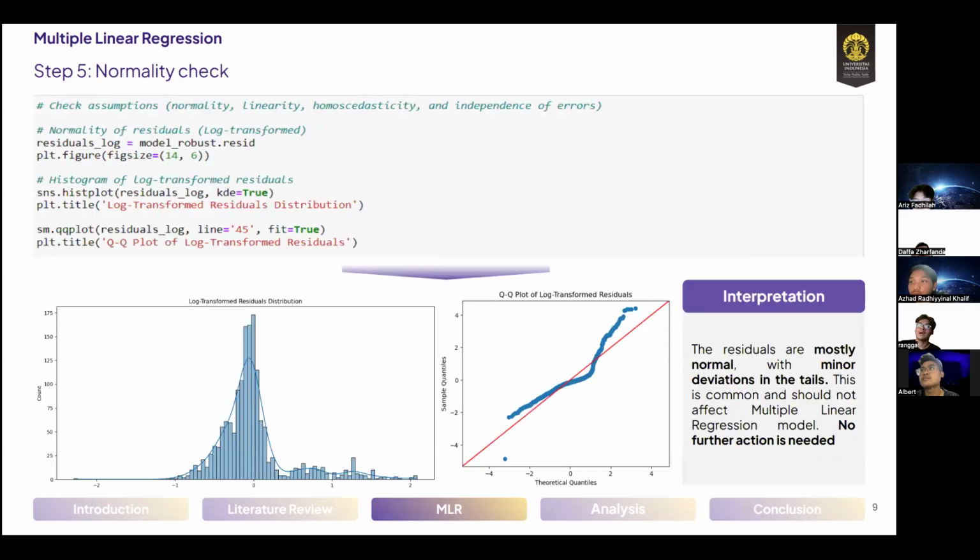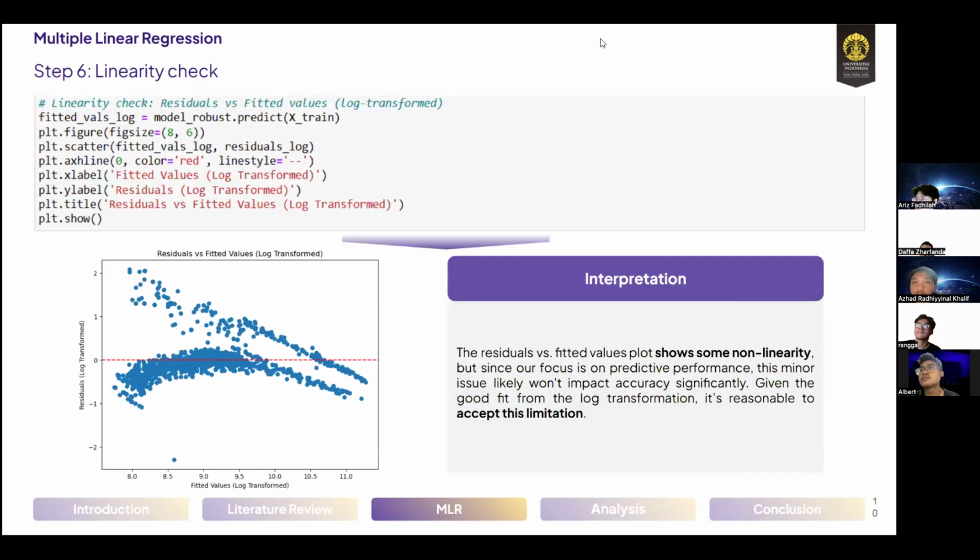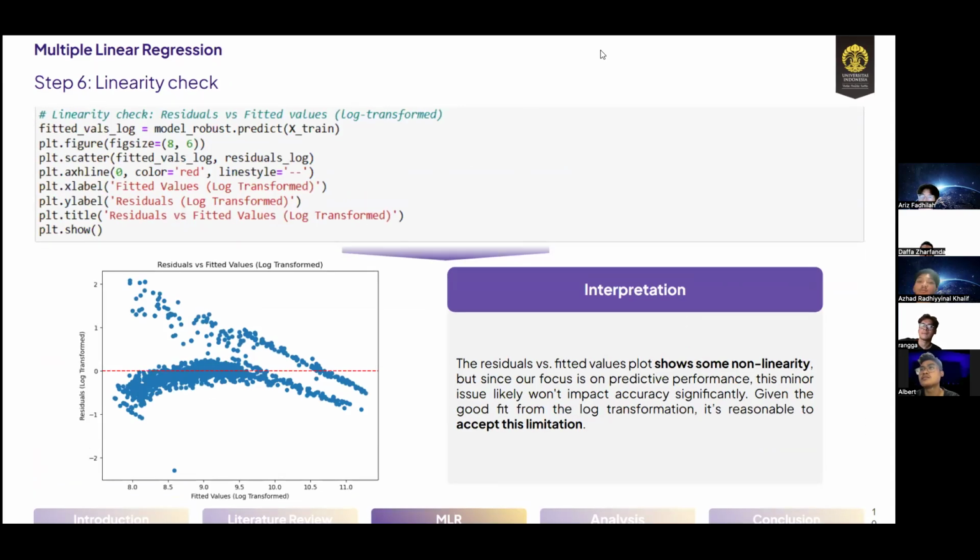And then we have step 5, where we do a normality test, where the residuals are mostly normal with minor deviations in the tails. This is common and should not affect the multiple linear regression model, and no further action is needed. Okay, so the sixth step is the linearity check.